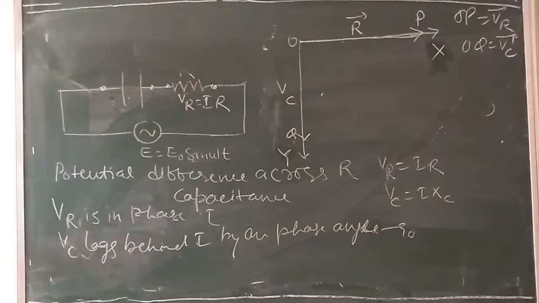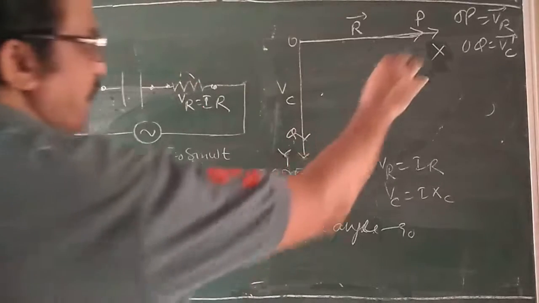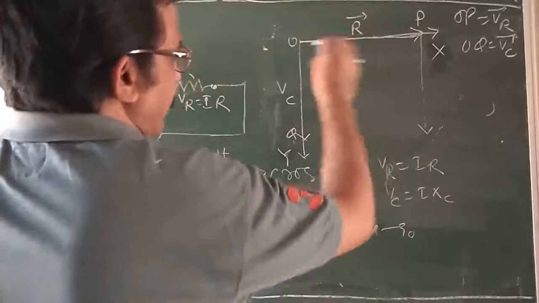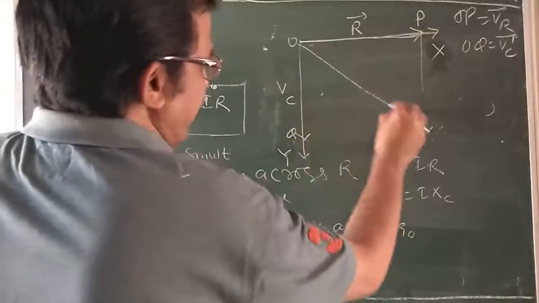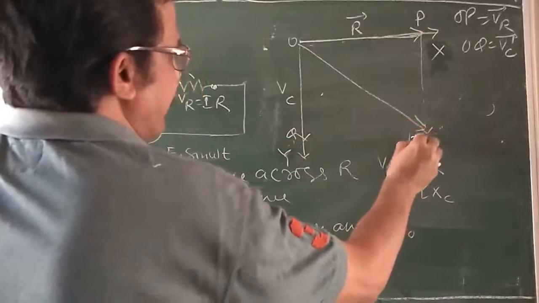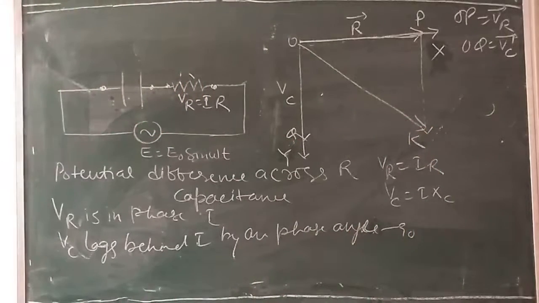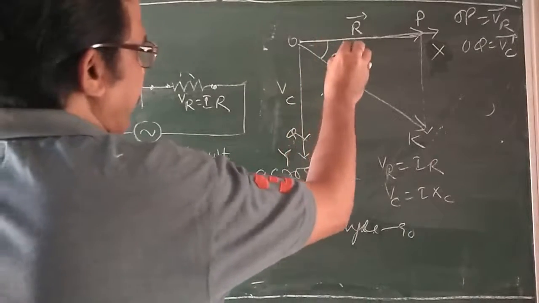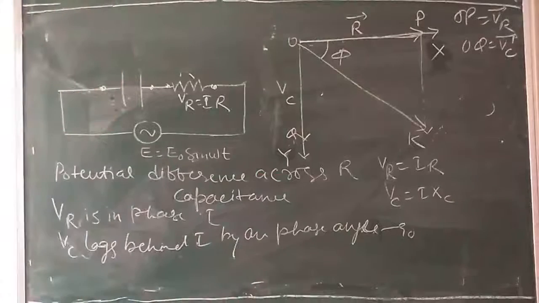So the resultant of these two vectors, make a parallel vector here. This one vector, this one another vector. So here is the resultant vector. Say it is K. So you can see here OK is the resultant vector, and the angle made here is phi.